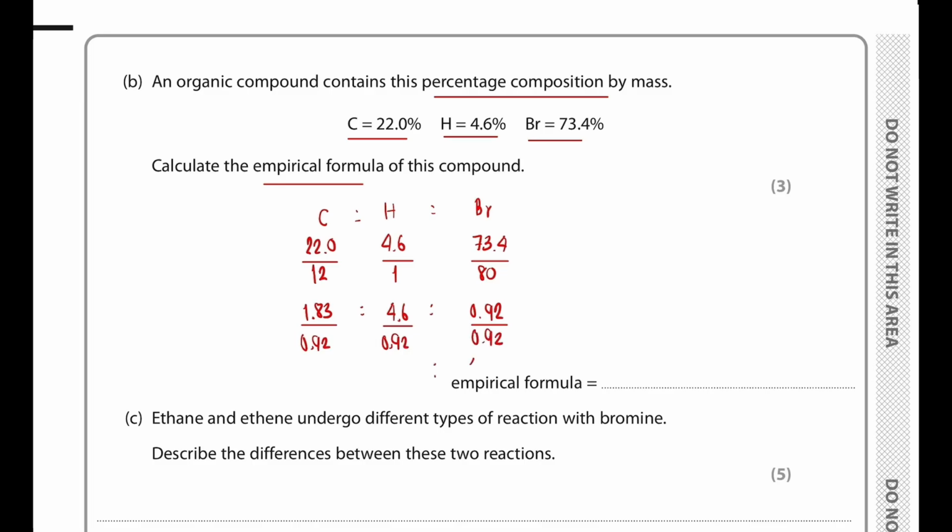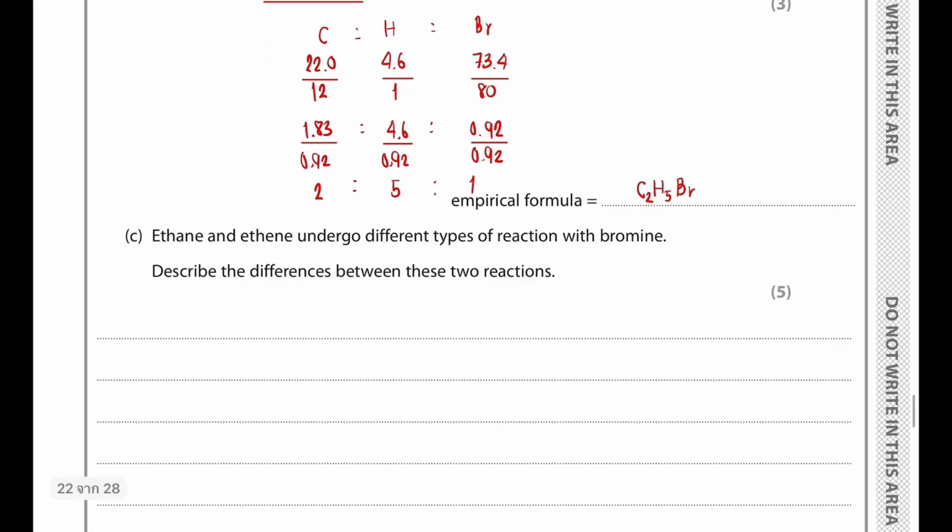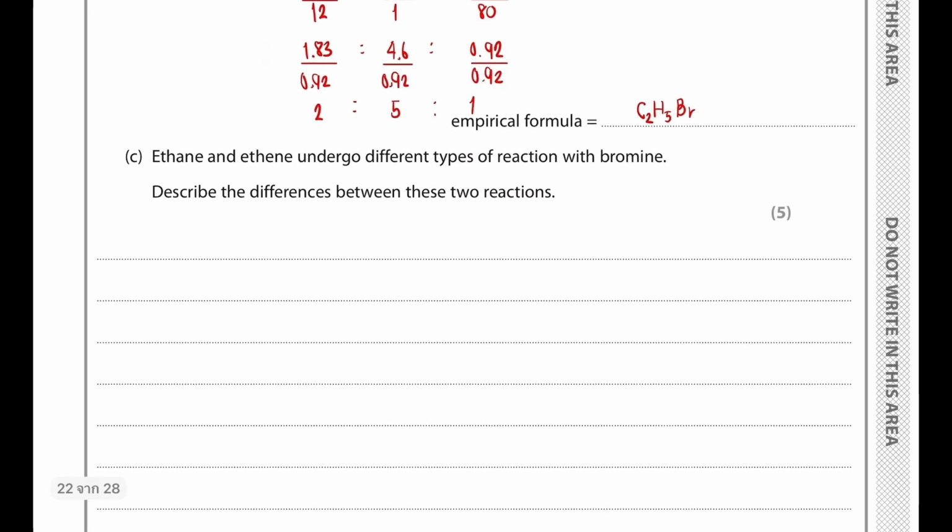So the last term will be 1. 4.6 divided by 0.92 is 5. And 1.83 divided by 0.92 is 2. So the empirical formula will be C2H5Br.